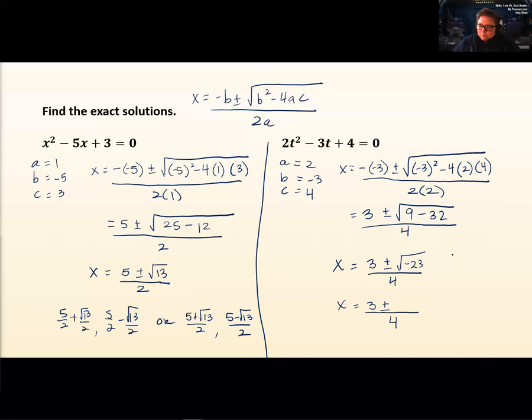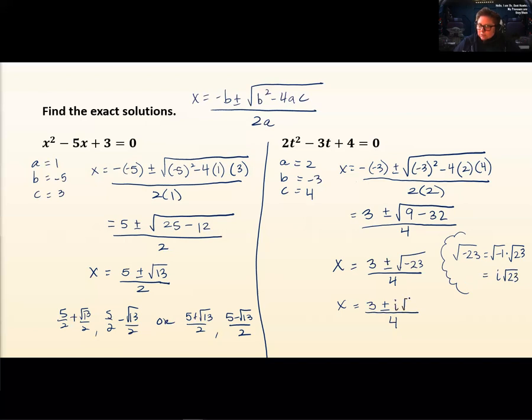So when we have the square root of negative 23, remember that that is the square root of negative 1 times the square root of 23, right? And what did we say square root of negative 1 was? i. So this is the same thing as i times the square root of 23.